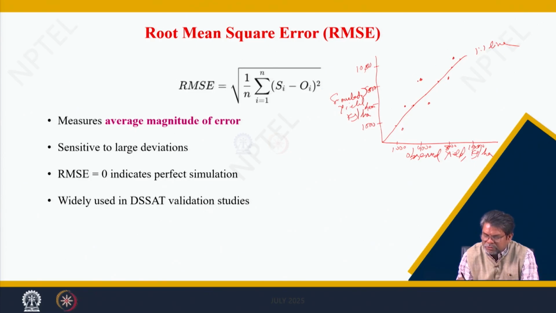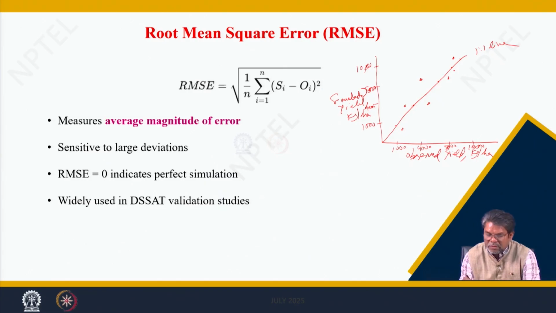So these are data points. Suppose you have 6 observations: you have the experimental yield, and the same information for the model simulation, the simulated yield.